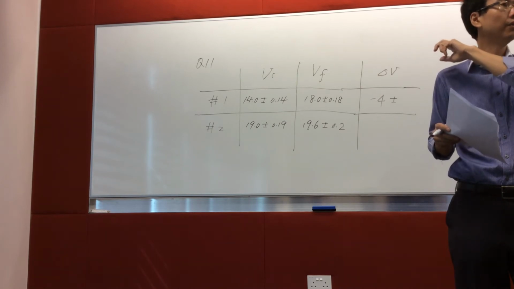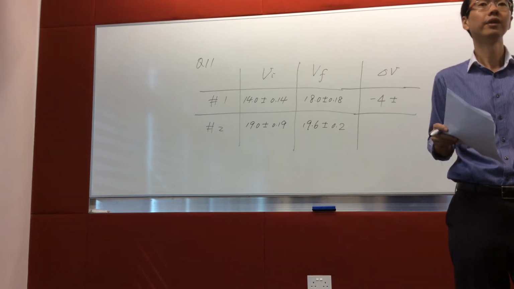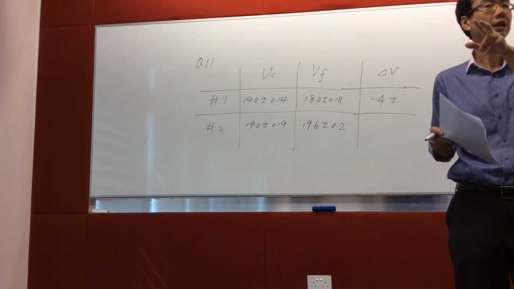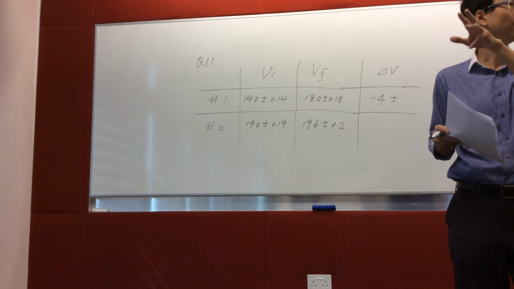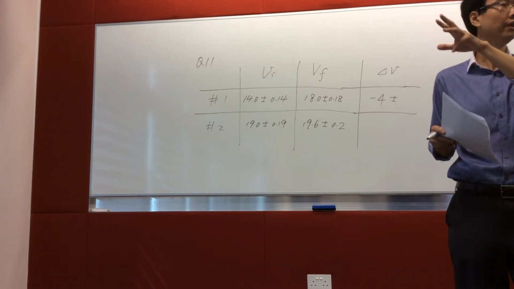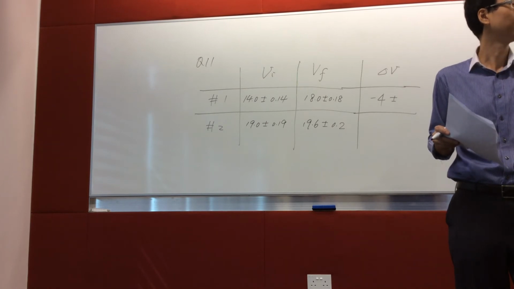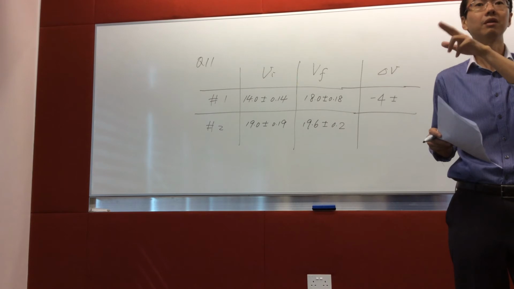And here, for the propagation of the uncertainties, the rule number 1 is if it's addition and subtraction, the uncertainty in the final result is the summation of your individual absolute uncertainties. Still remember? For addition and subtraction, it's the summation of the absolute uncertainties.